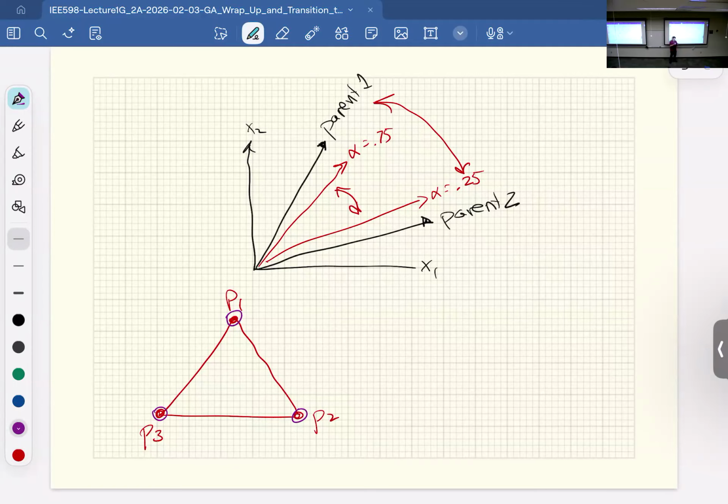And you could then talk about the points in this space. That's kind of looking down on this cone. And you could talk about the coordinates of these points.